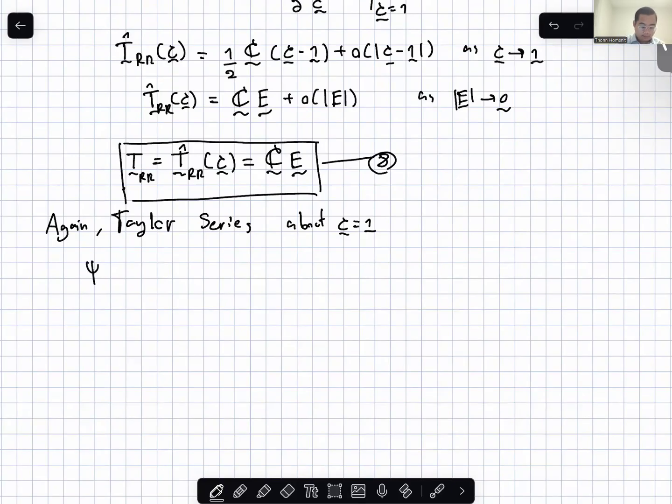So now we have the function of free energy, and we just approximate about C equal to 1.